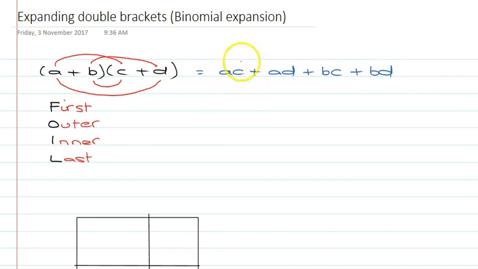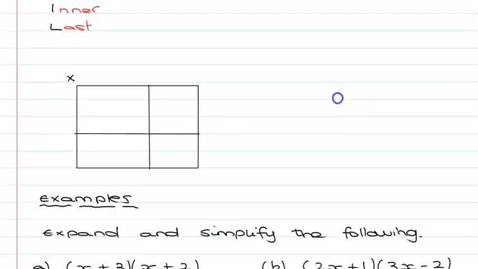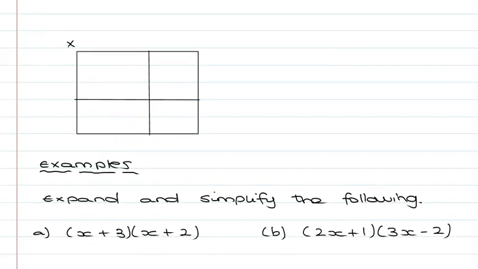Essentially, what we've created here is four terms. You can also look at this geometrically. I've got a multiplication grid here, where down the side is the first bracket, a plus b. I'm putting the plus b there because that shows it's positive, and then we have c plus d, because you do need to take into account the sign. Sometimes we have negatives. Then you just treat it as a multiplication grid.